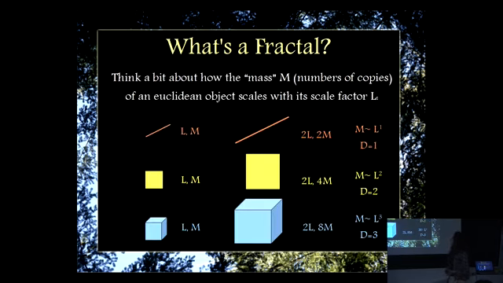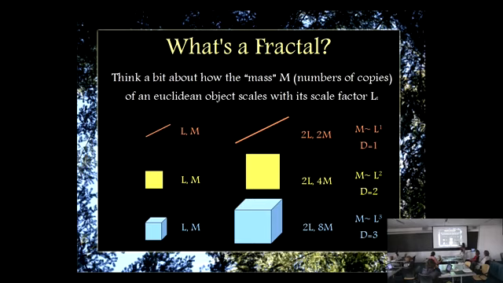So, what's a fractal? Let's generalize a bit our notion of dimensions. If we have an object like a line, let's see how the mass would scale when we rescale it. Let's see how many copies we would have of a line if we double its size.